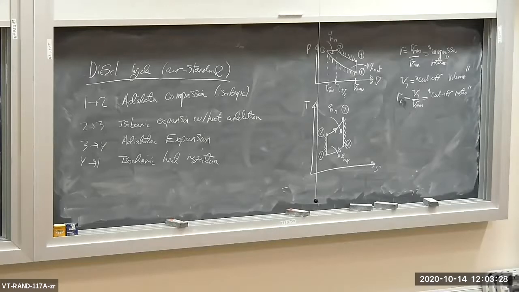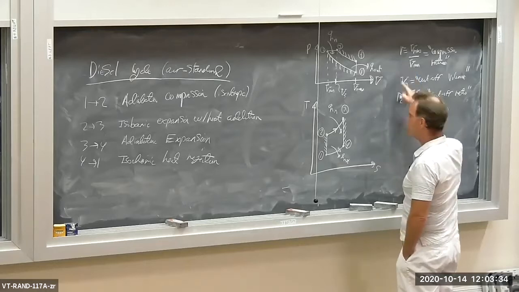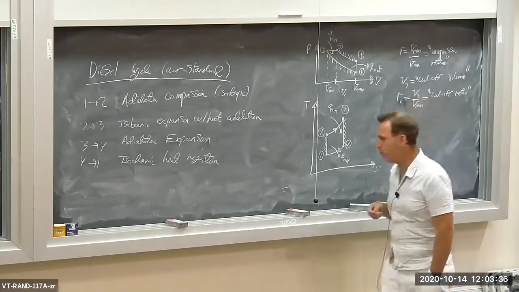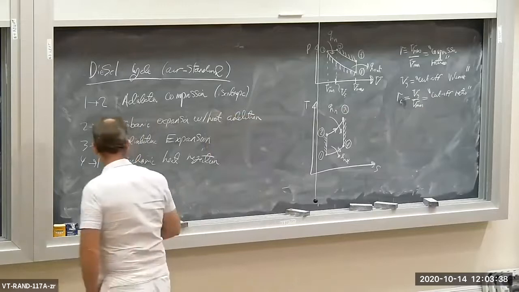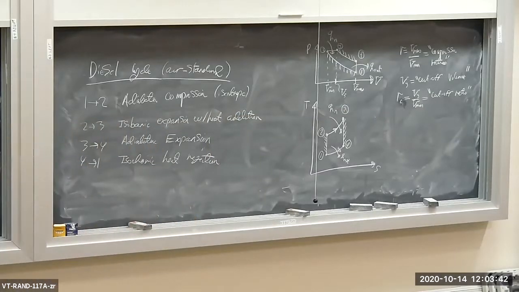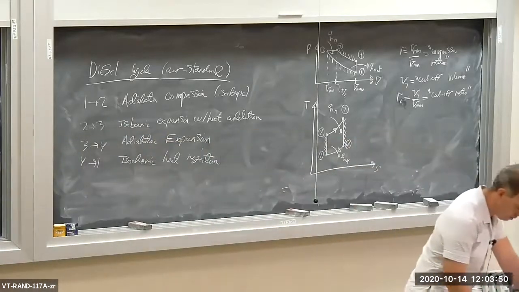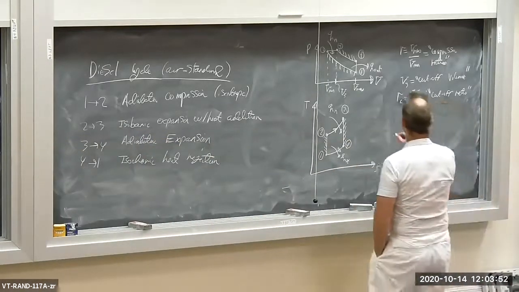So in the expression for efficiency for the diesel cycle, you have a complicated relationship between the compression ratio and the cutoff ratio, which give you the efficiency of the diesel cycle. Let me write down the efficiency of the diesel cycle for you. I don't memorize this stuff, so let's see here.